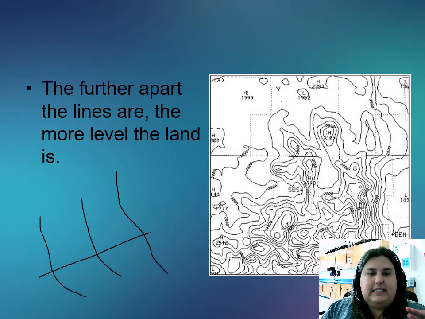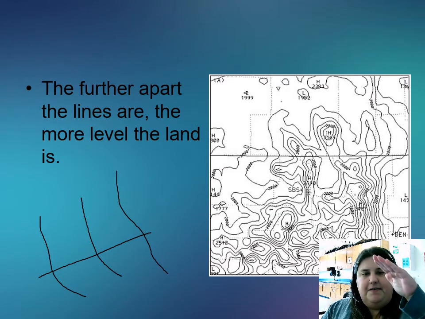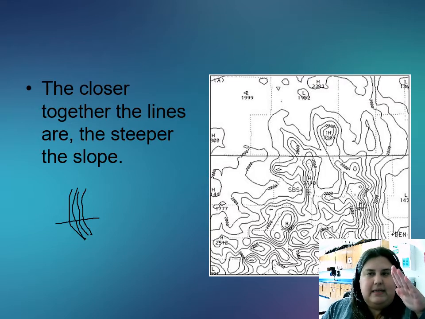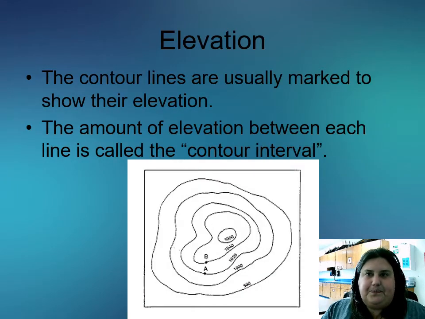It's going to be easier for me to get up to the top of the mountain. But if the lines are closer together, that means I have a more steep slope. So if I have something that looks like this, this area right here is going to be a lot more steep, and it's going to be more challenging to get to the peak of the mountain.